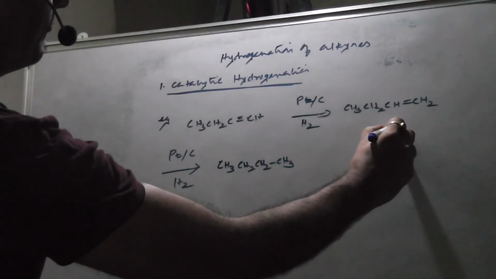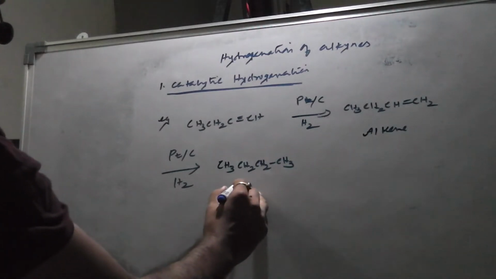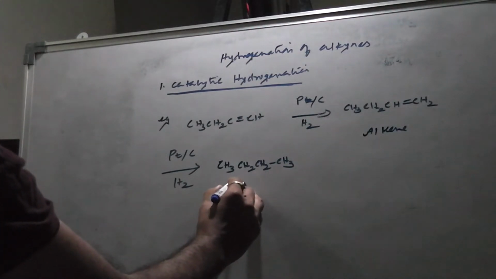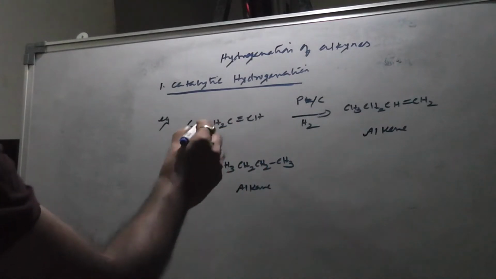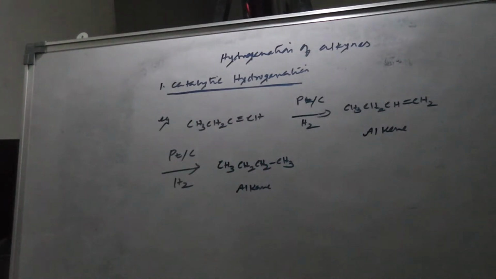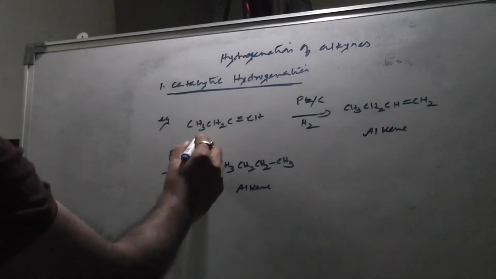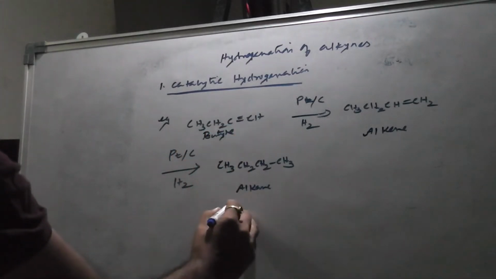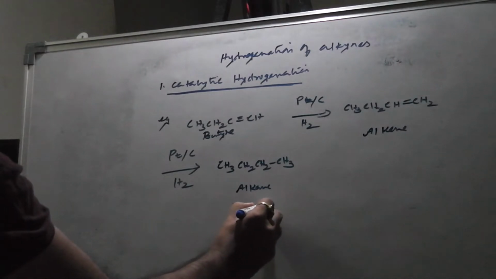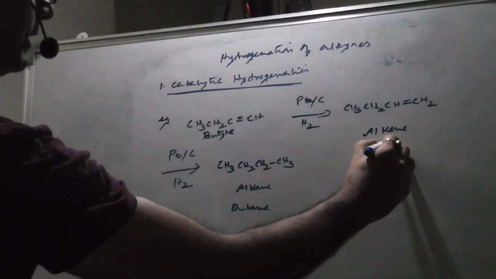First it leads to alkene, in the second step it goes for further reduction to alkane. Here the example that we have taken is butyne, that is getting reduced to butane. This is butane. Butane through 1-butene.